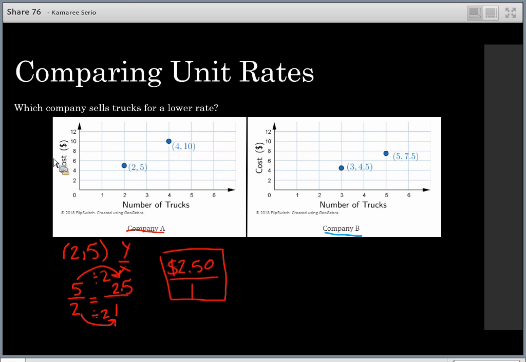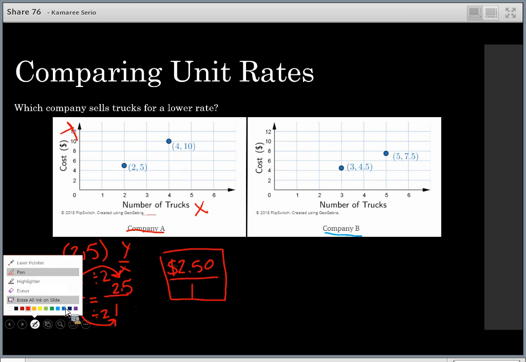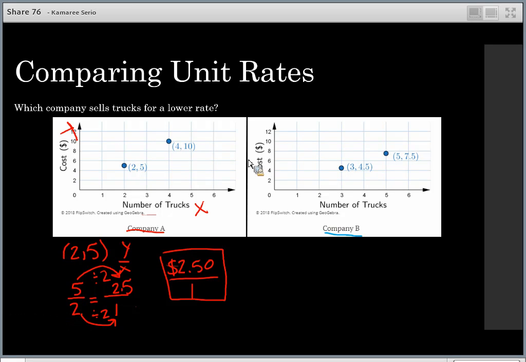I got that because over here, this is your cost, this is your y, and this is number of trucks, this is your x. Our y and x are the same, except these coordinate points are a bit different. So I'm going to use the 3, 4.5.